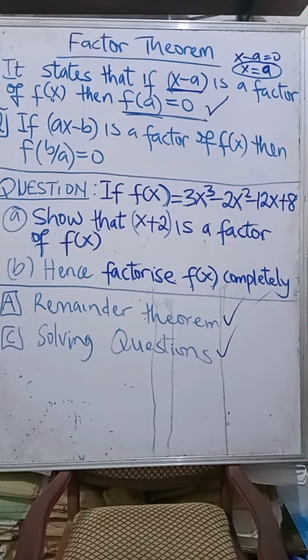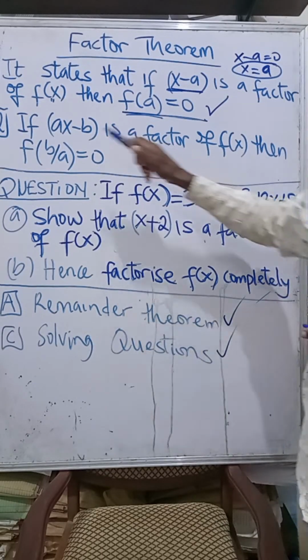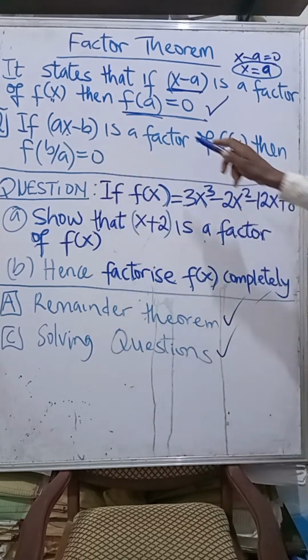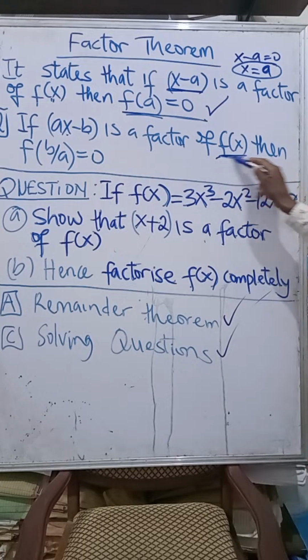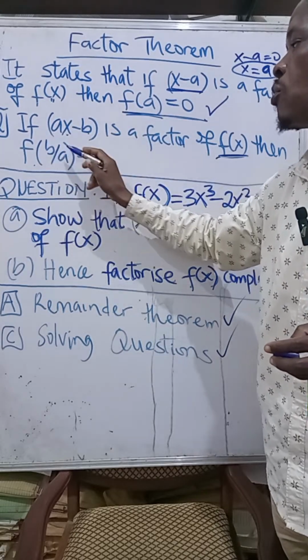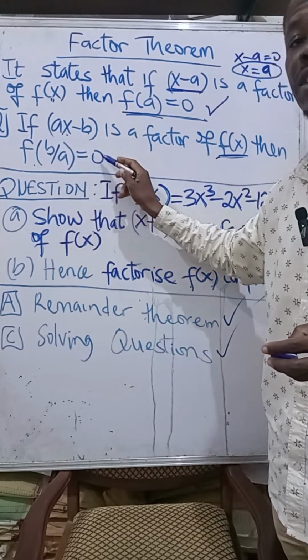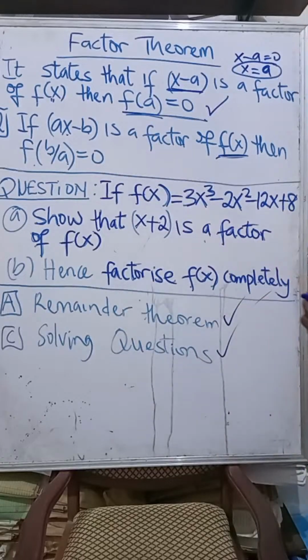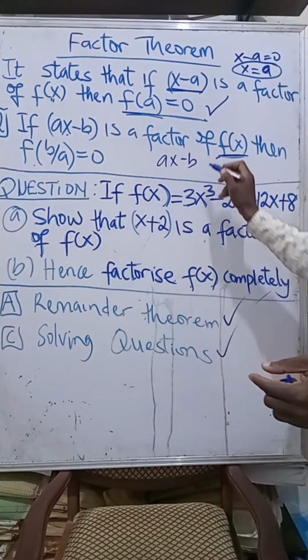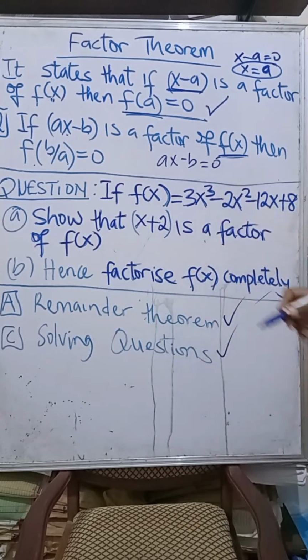Then another one to buttress that: if ax minus b is a factor of f of x, your polynomial, then f of b over a will be 0. How do you get that? Equate this one to 0 and make x the subject.